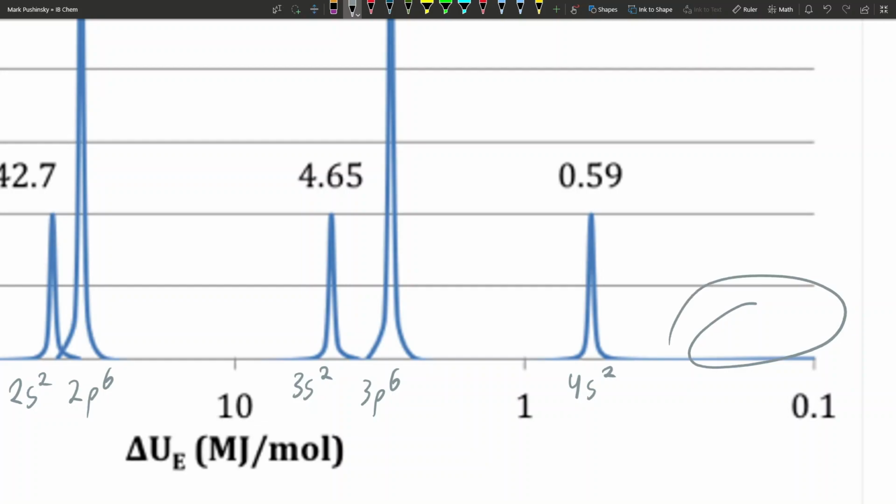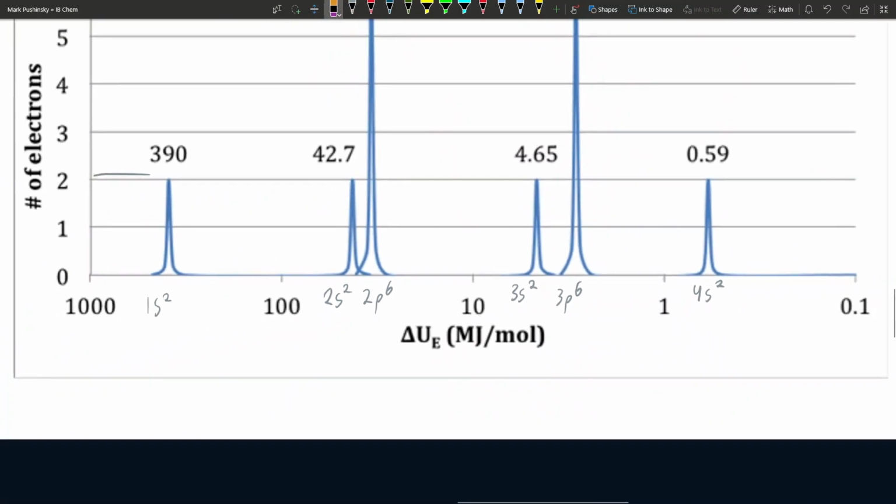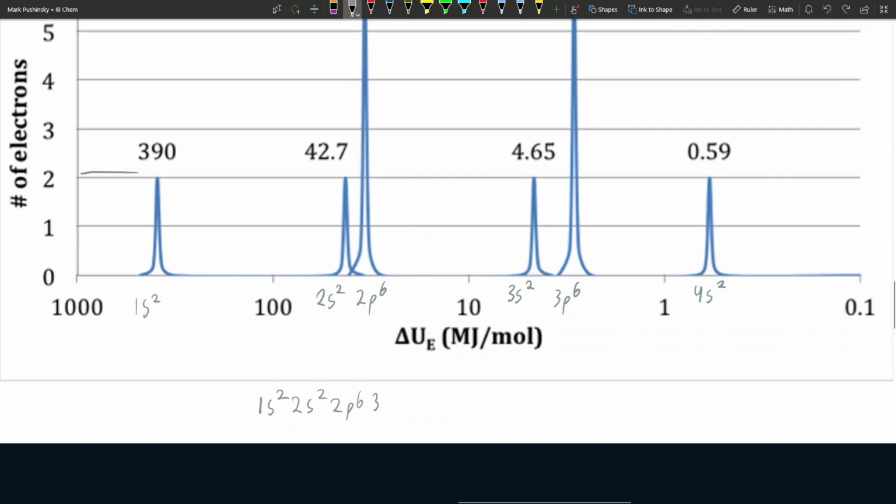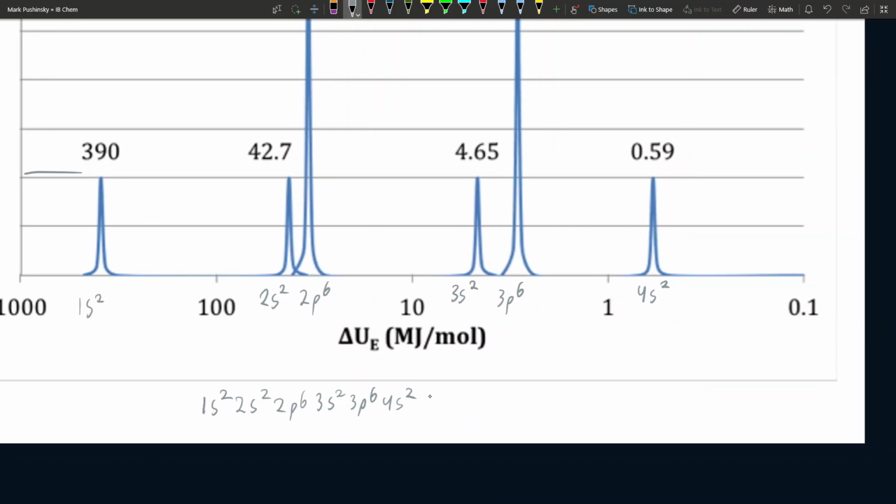And there's nothing on the right side, which means that's all we've got. So it's 1s2, 2s2, 2p6, 3s2, 3p6, and finally 4s2. And that equates to calcium.